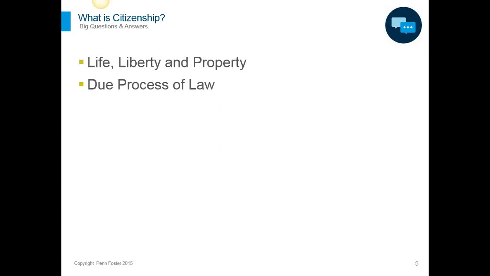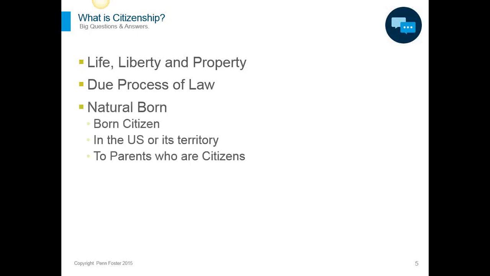If you are legally found guilty of a crime, that is the only time the basic rights of life, liberty, and property can be taken away. That's the only option for a citizen to lose these basic rights. And in terms of types of citizens, we have two main types. The first kind is a natural born citizen.